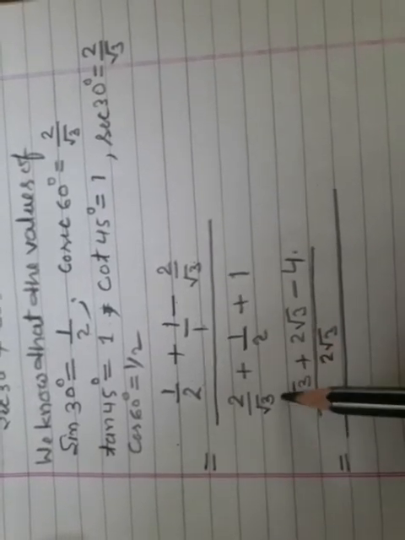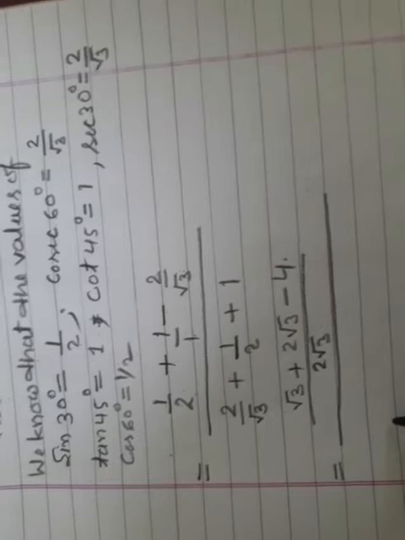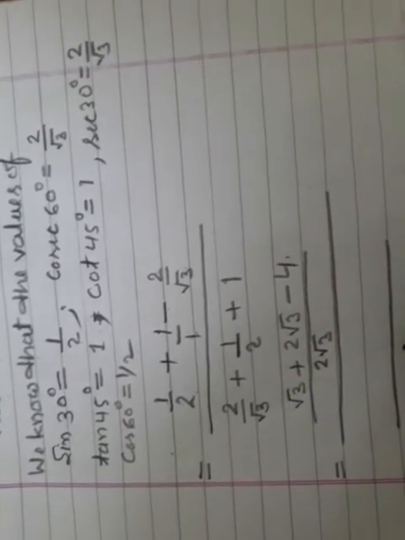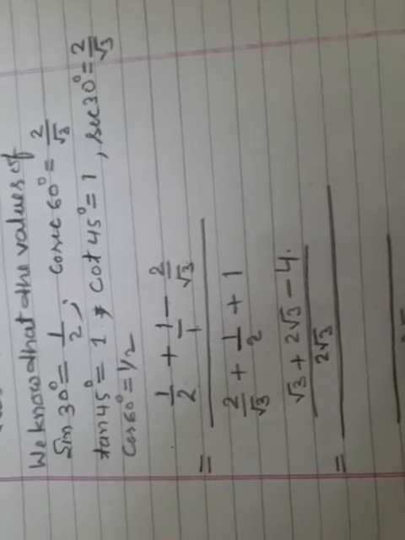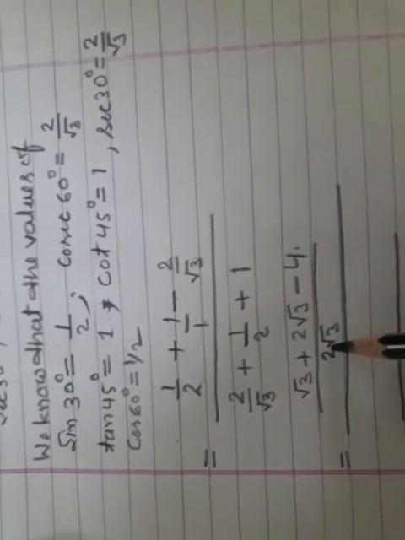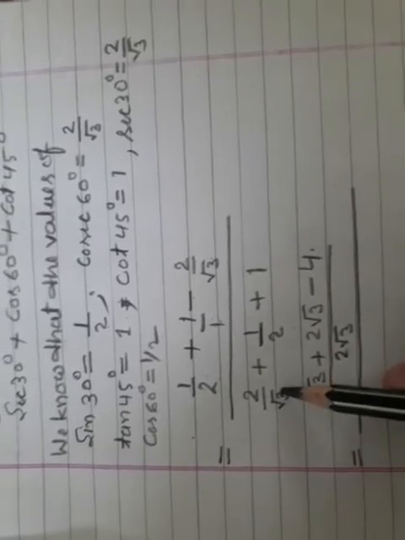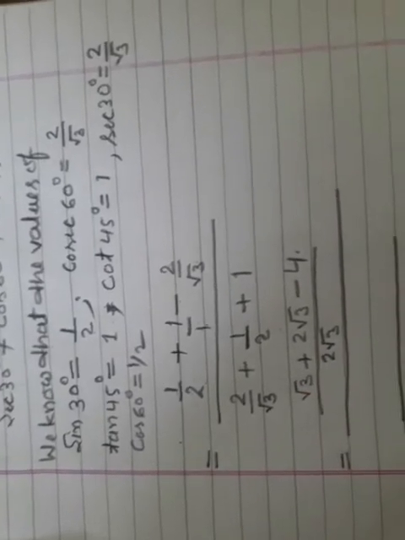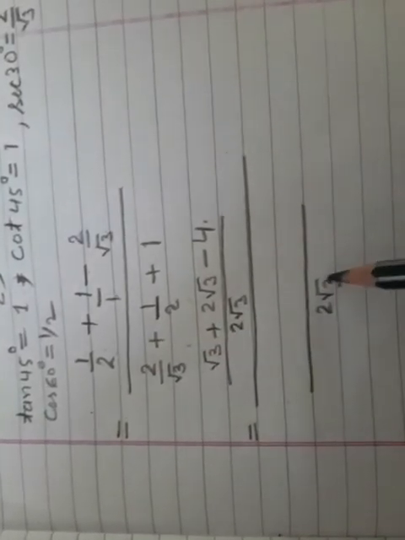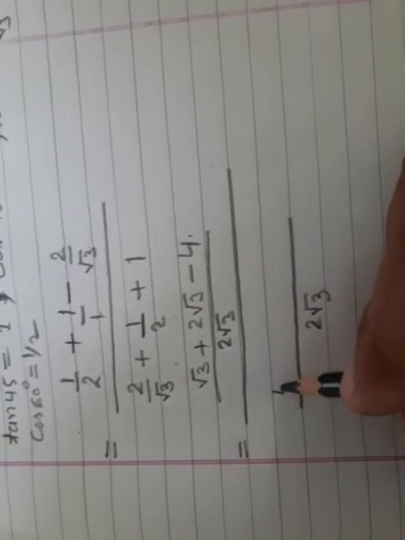Now look at the denominator portion. Here also the LCM is 2 under root 3. Divided by under root 3, under root 3 divided by under root 3, so we get here 2. 2 into 2, we get here 4.